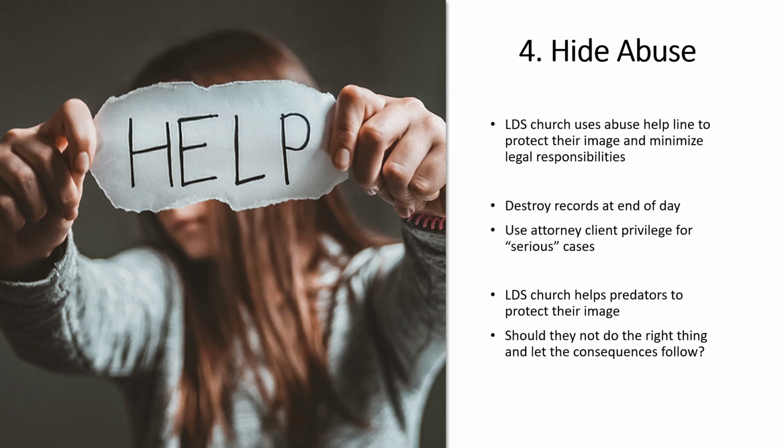The bishop used the helpline and was told not to report the abuse to the police or child welfare. This allowed the father to continue his abuse with the daughter and to start abusing his younger daughter. Isn't part of the repentance process supposed to be making things right and suffering the consequences? In this case, though, none of that happened.